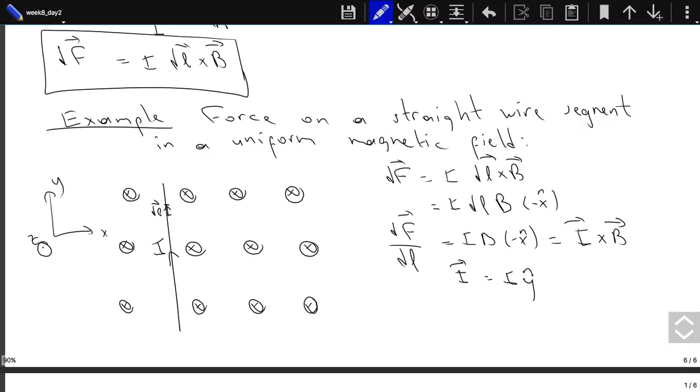The current is not a vector, the current is a number, but here I'm just defining this vector, using the same symbol. Okay, any questions?